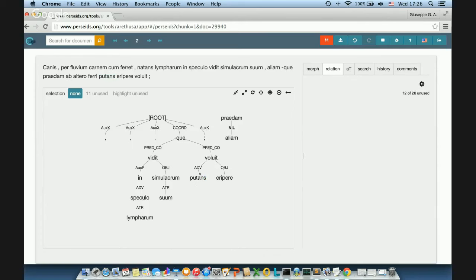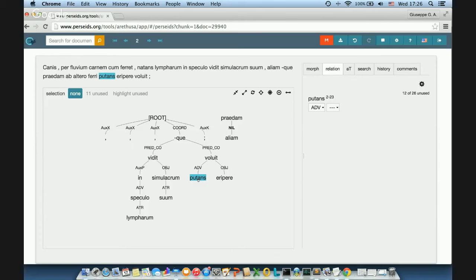And so this is why we attach putans to voluit, and we assign the label adverbial again, because the function is not exactly the one that Merito had in the previous sentence, but is similar. It is similar in the sense that this kind of constituent, or this kind of specification, is not really required by the verb voluit or eripere.